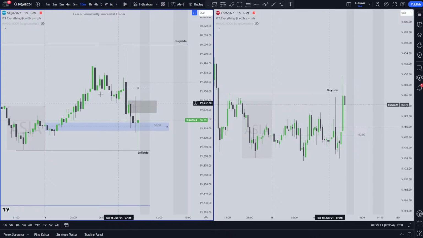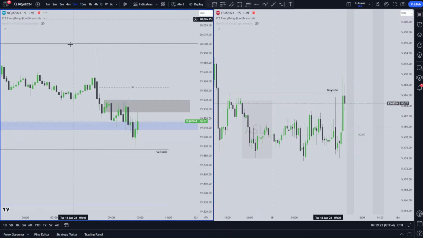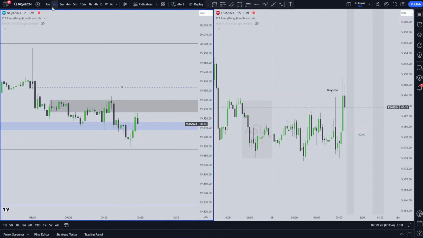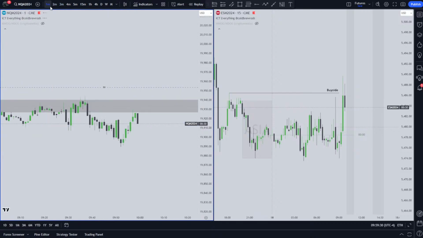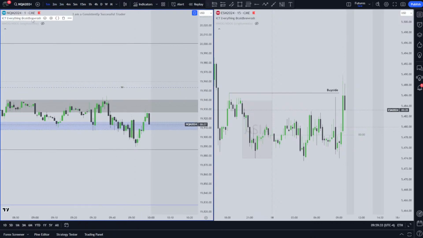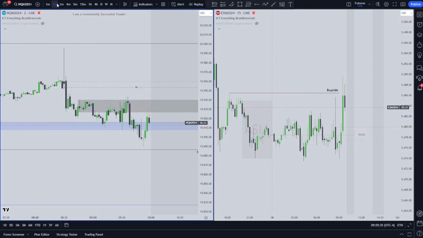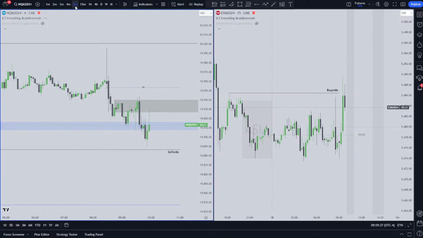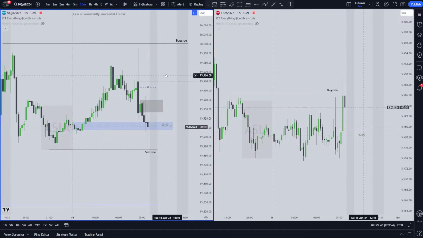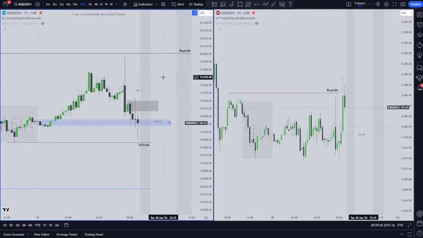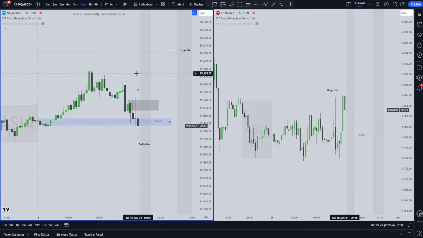Hmm. Okay, so 40 seconds until that closes. I just want to check what potential sweeps we've had. If I was to look at the premium and discount now, okay, we haven't made a new low because we're currently still making a low.